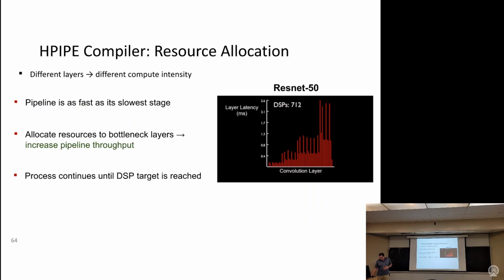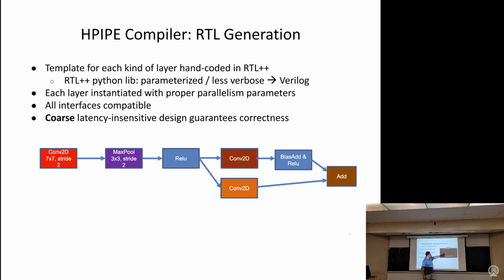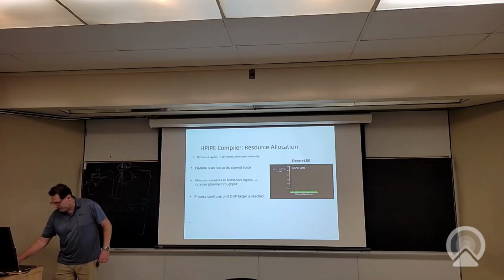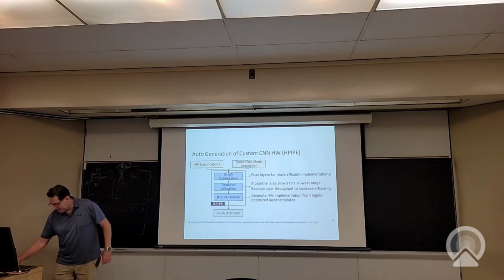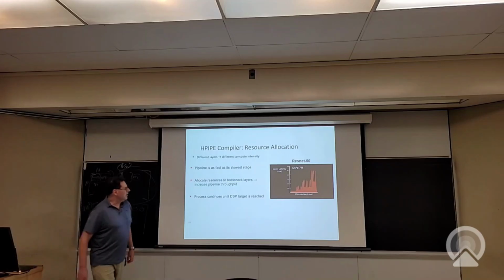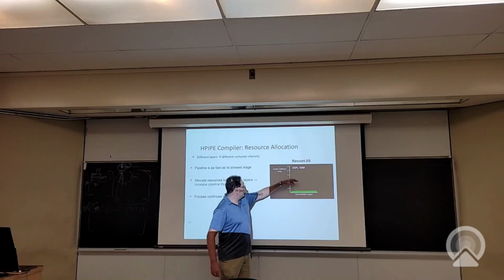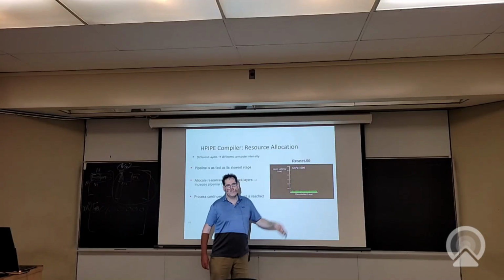Okay, so this is a visualization of the resource allocation. Basically, it starts off using a minimum number of DSP blocks. I'll show it again. So there's a particular neural network called ResNet50. It starts with kind of a minimal implementation, and then it looks at the latency to go through each layer.